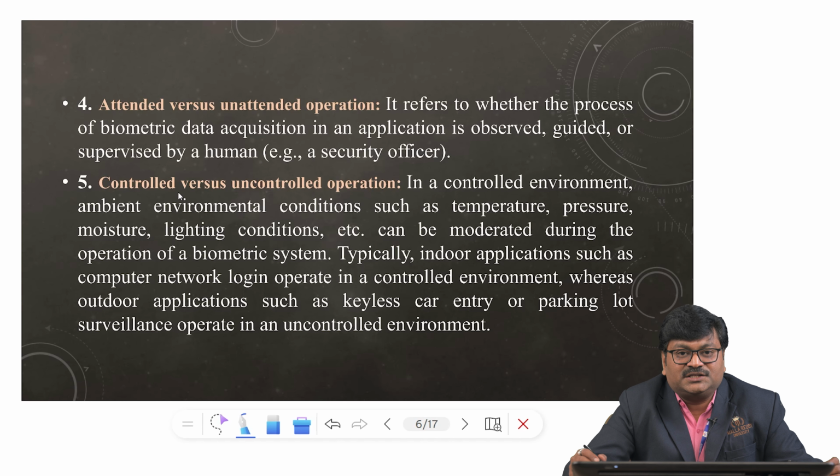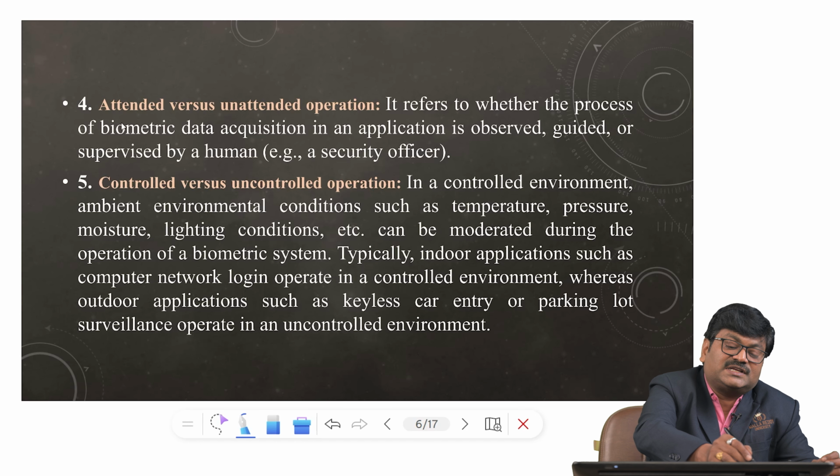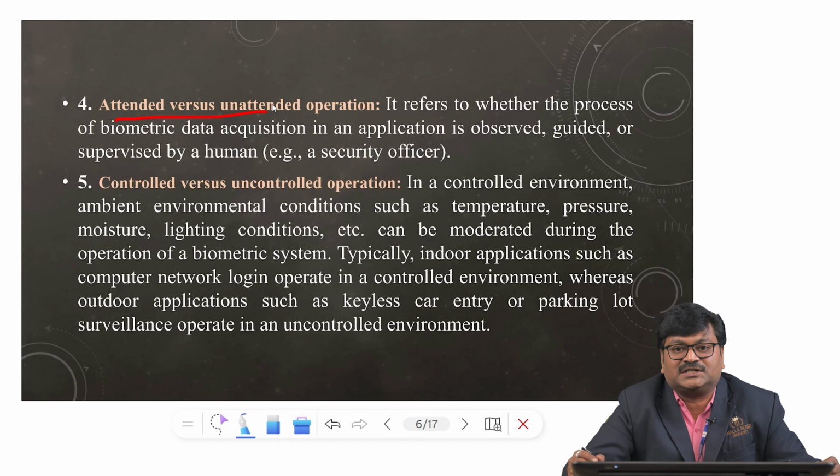And there is another nature called attended versus unattended operation. Here, attended means whether this biometric system is being monitored or controlled by a human supervisor or not. So there will be a person who will be assisting us in performing the act before the system. Then we will be calling it attended systems.